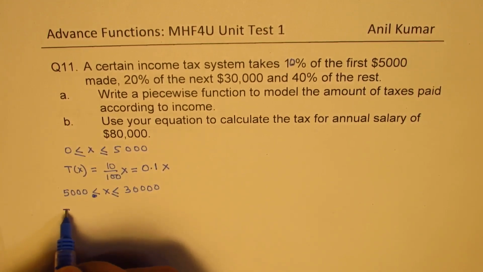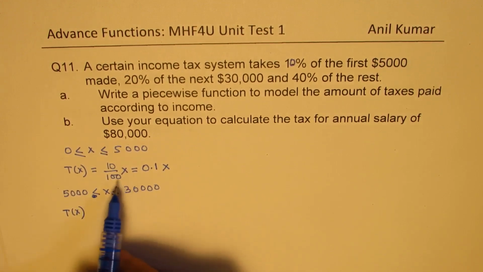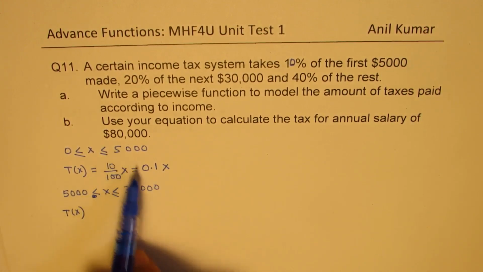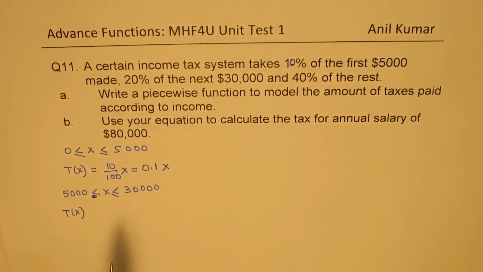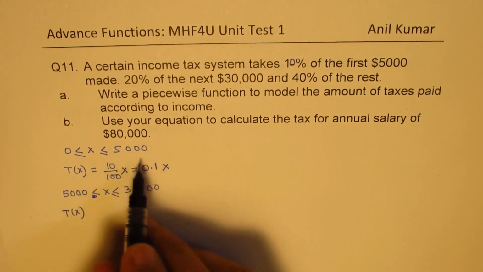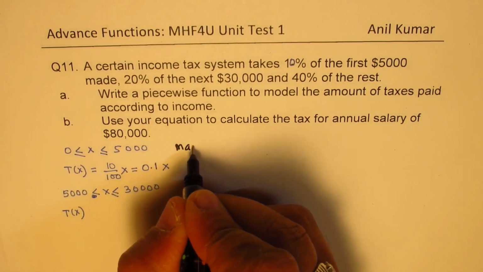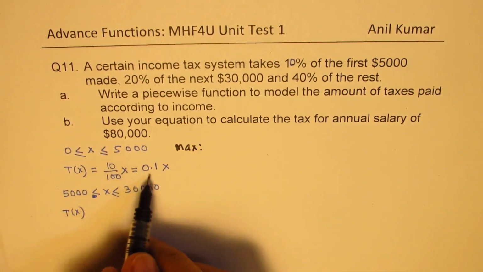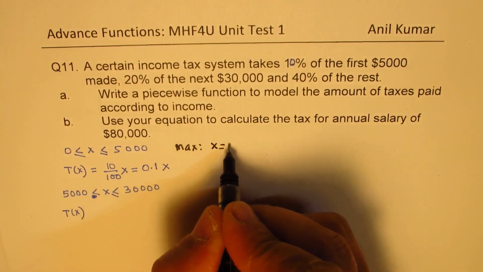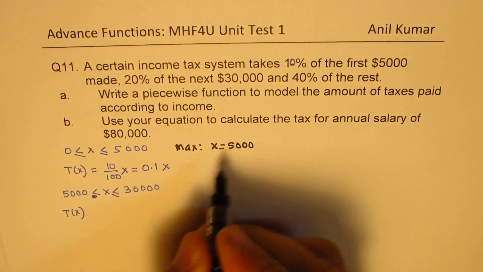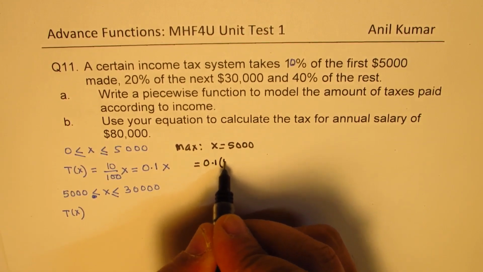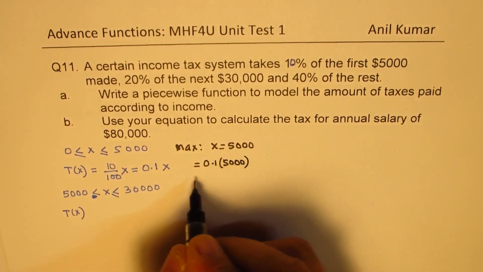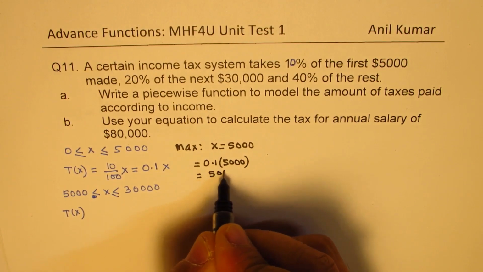So in this case, the tax will be how much? Well, on the first 5,000, you paid a tax of 10%, right? So it's kind of important to also calculate what is the maximum you pay in this interval, right? So maximum you pay will be when x is equal to 5,000, correct? So let's calculate. So that is equal to 0.1 times 5,000, which is 500, correct?